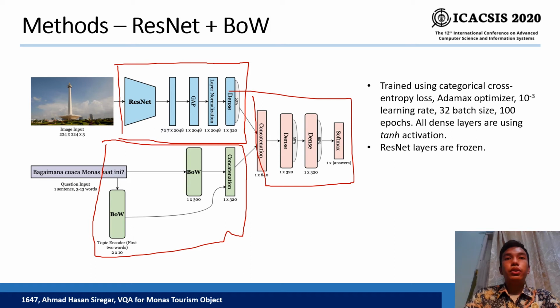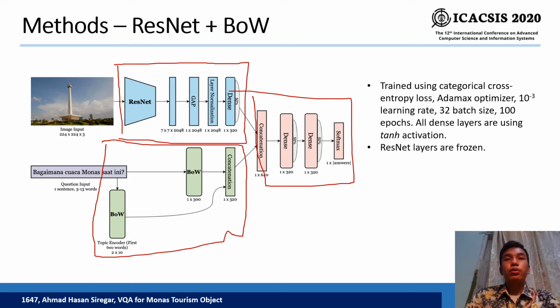So both BOW will be concatenated into 1 by 320 vectors, and then forwarded into the dense layers. First, the image embedding and the question embedding outputs are concatenated. And then we have two dense layers with dropout probability.